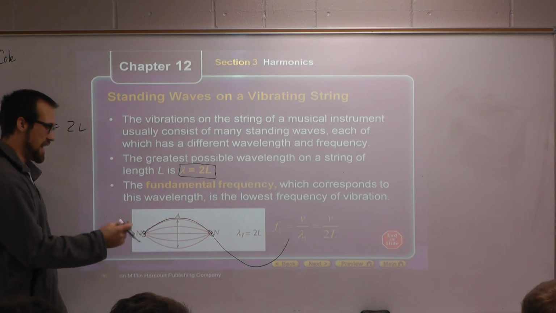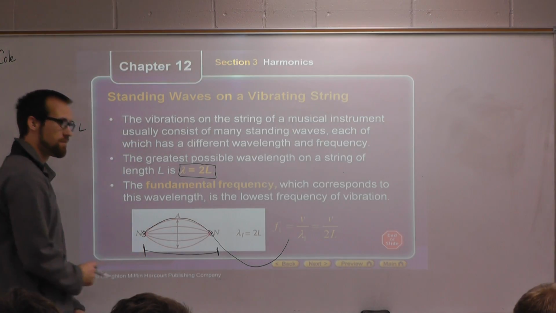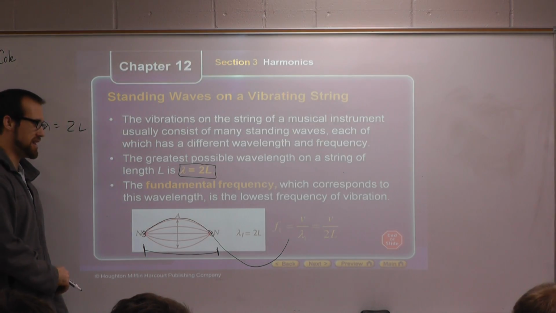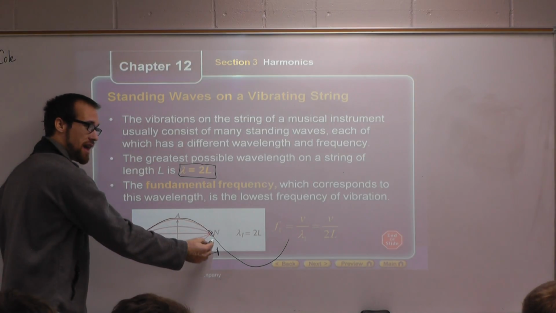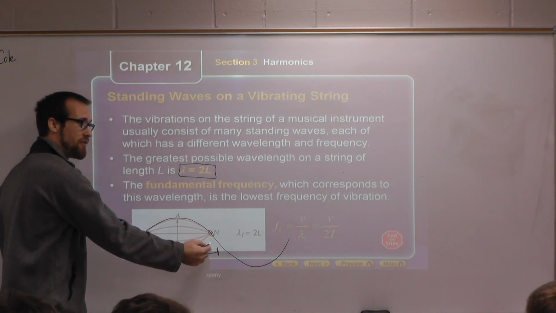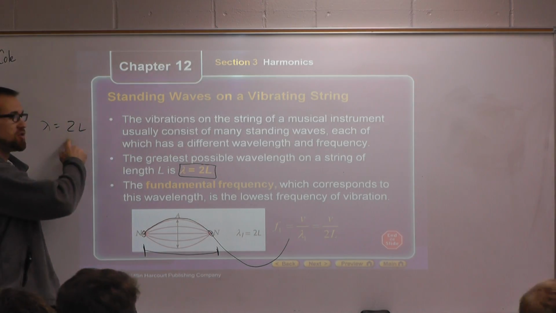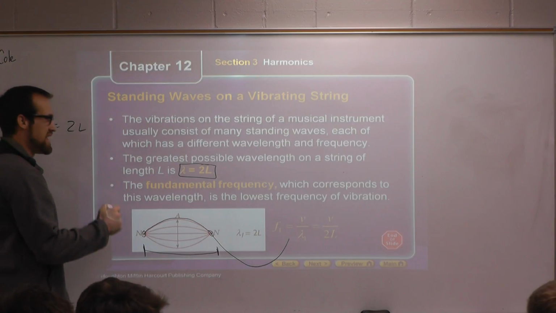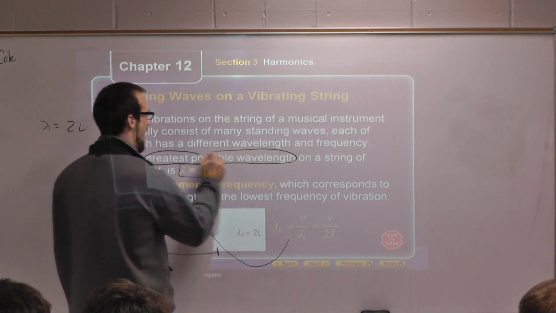Okay, let me explain this again. This is the length of the string right there. We said in this particular case, we have half a wavelength. So a full wavelength would be twice the length of the string. Yes, 2L. This is the greatest possible wavelength you can have.